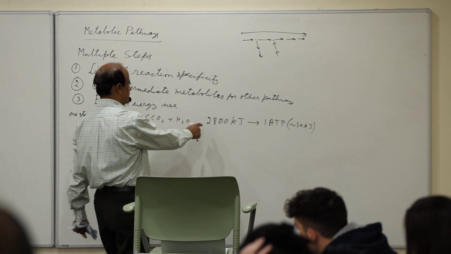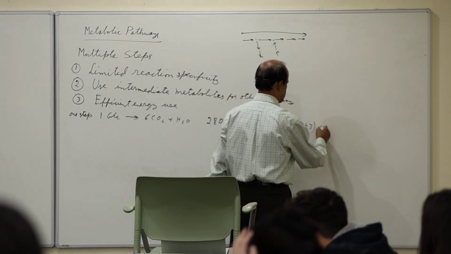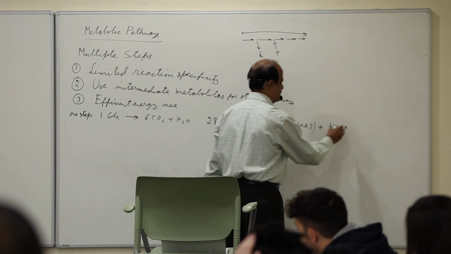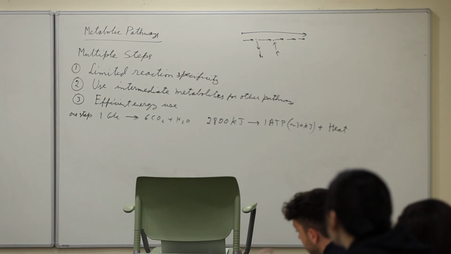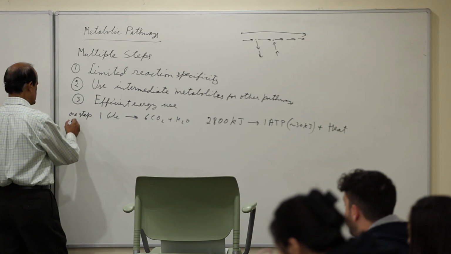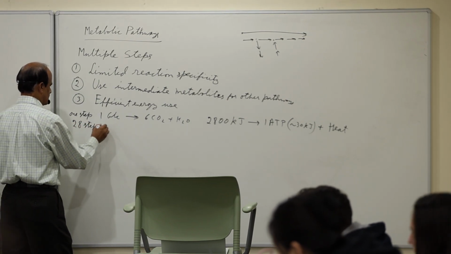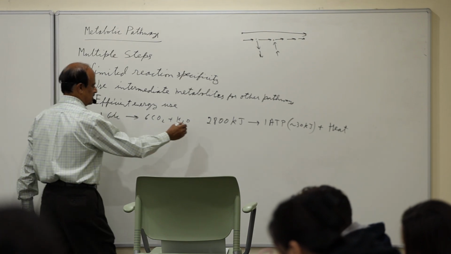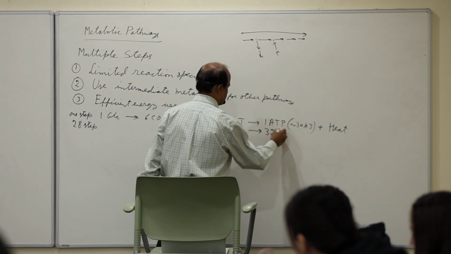All that remaining energy, 2,770 kilojoules, will be released as heat energy, which is not what you want. There will be too much heat released, and that is not very efficient. The whole idea is to make ATPs, and so multiple steps. In fact, there are 28 steps. Then this energy is used to make about 32 ATPs.